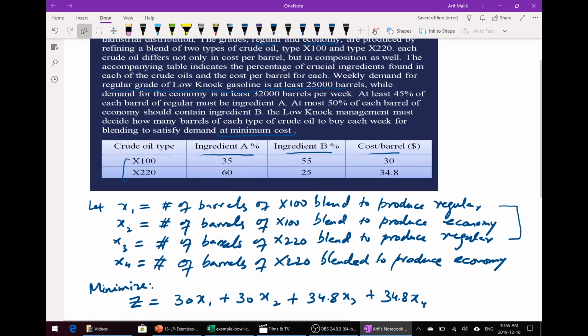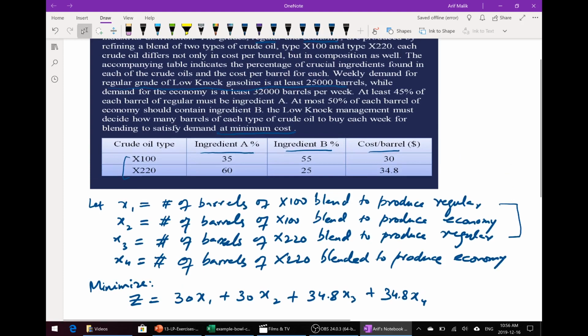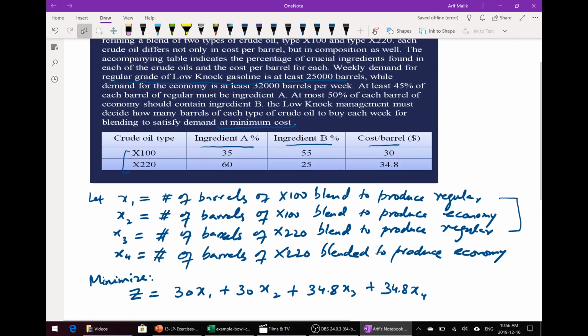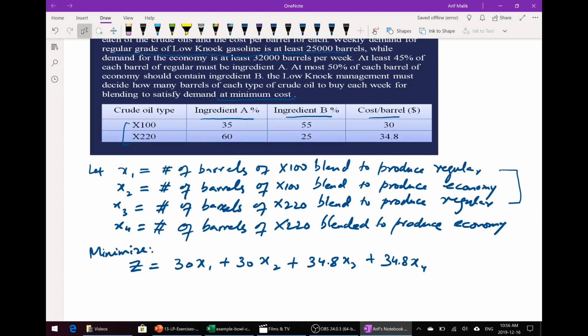And it's saying that the weekly demand for regular is at least 25,000 barrels. So we can say that, subject to, X1 plus X3 is greater or equal to 25,000.